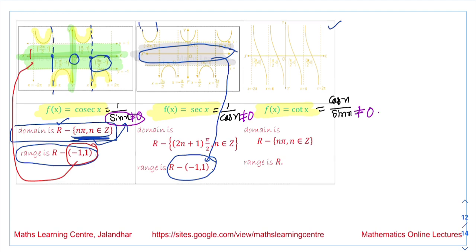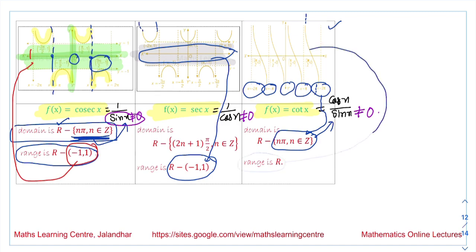It is not defined for minus pi, 2 pi, 0, all these values. These are basically the points where sin x is equal to 0. And again, these graphs are infinite on both sides. So the range of cot x is R, that is, it can attain any real value.